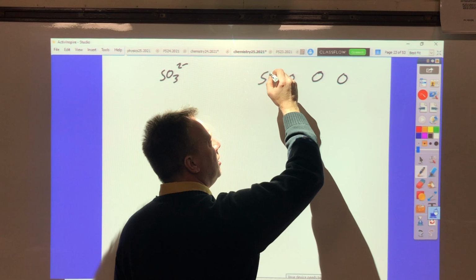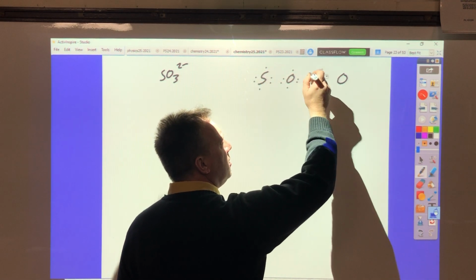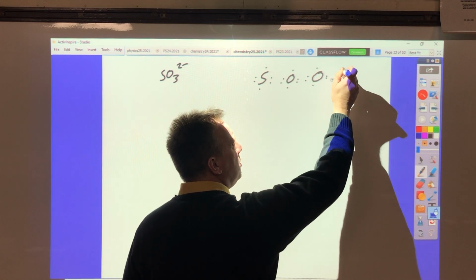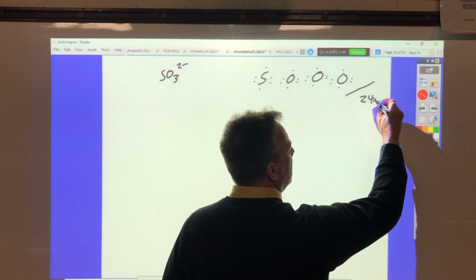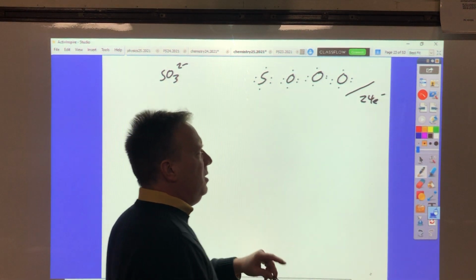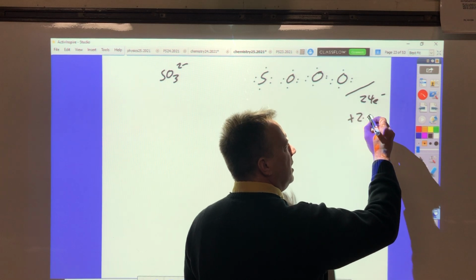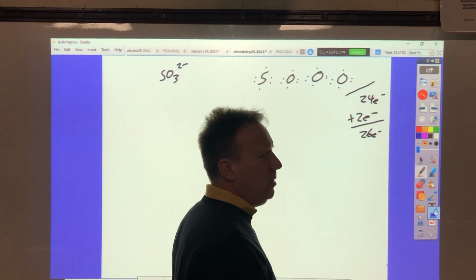Both in the oxygen family. So 1, 2, 3, 4, 5, 6, for each of the four atoms. 4 times 6 is 24 electrons. And I have 2 extra ones. Plus 2 electrons gives me 26 negative electrons total.